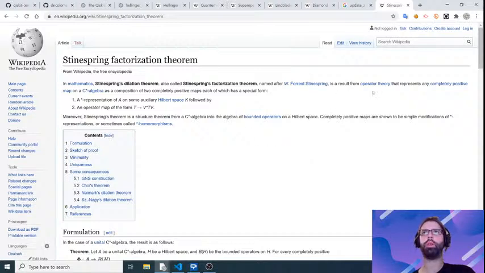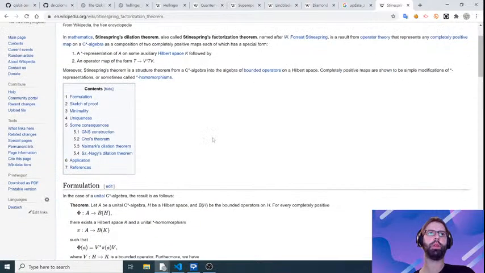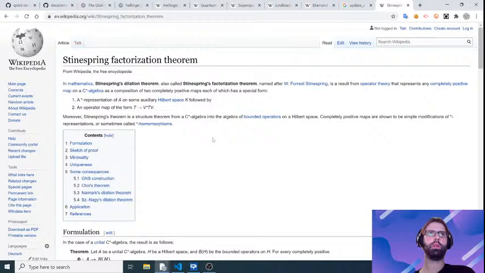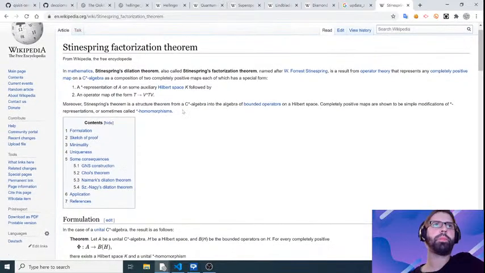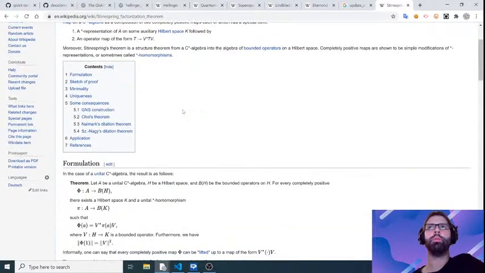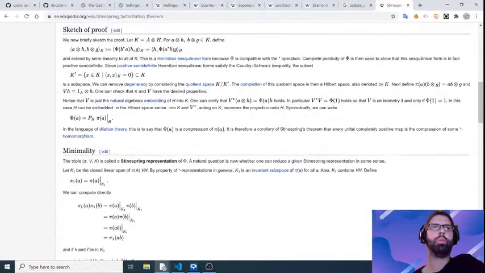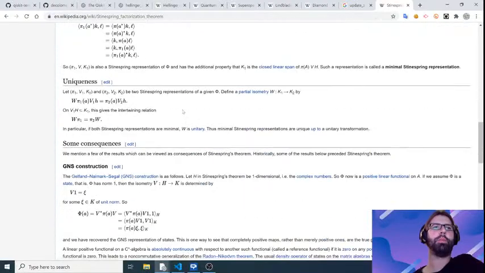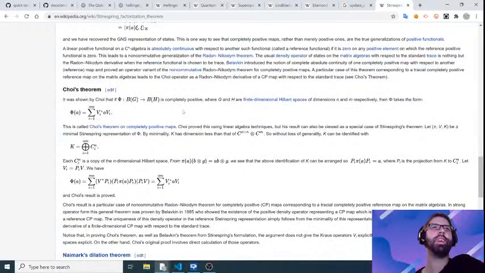It is a result from operator theory. Okay, that is something. So what am I reading? It is a result from operator theory that represents any completely positive map on a C-star algebra as a composition of two completely positive maps. Okay, I definitely stepped into something that is way beyond. I've seen this before as well.